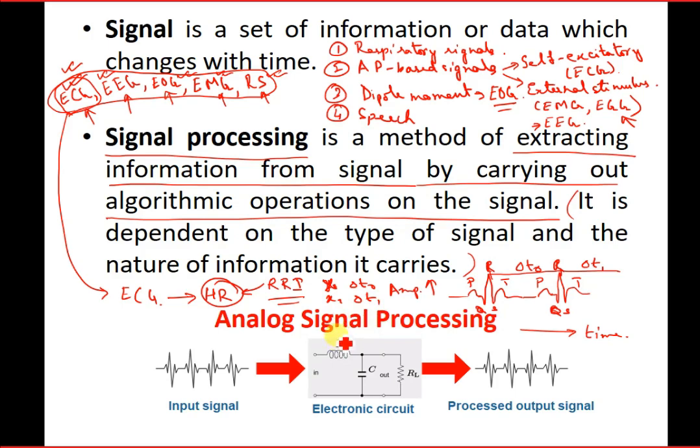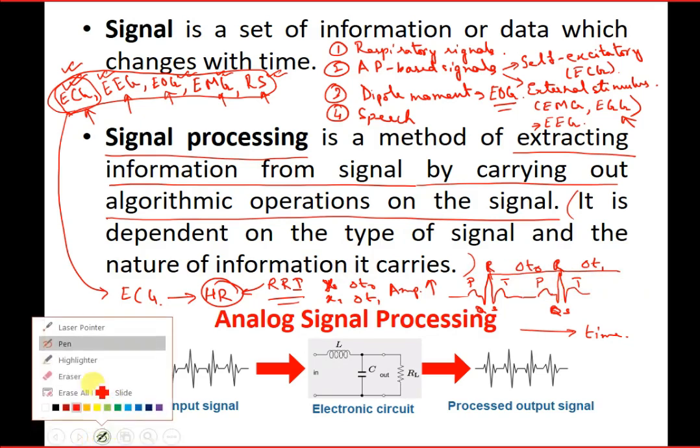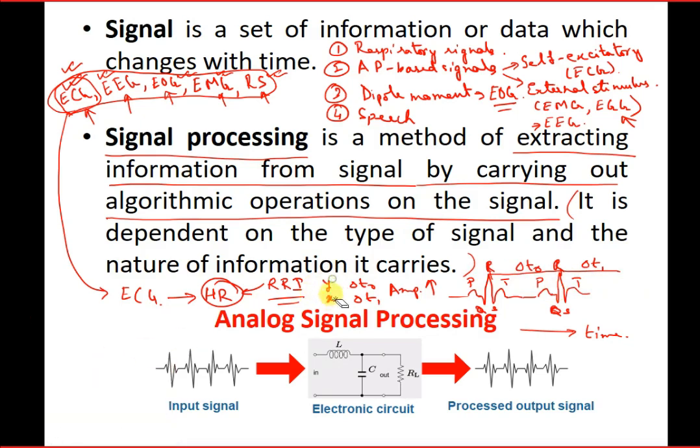I will get an xy signal, right? And this xy signal is regarded as the RR interval signal, wherein the amplitude value is nothing but the interval between the two R peaks.